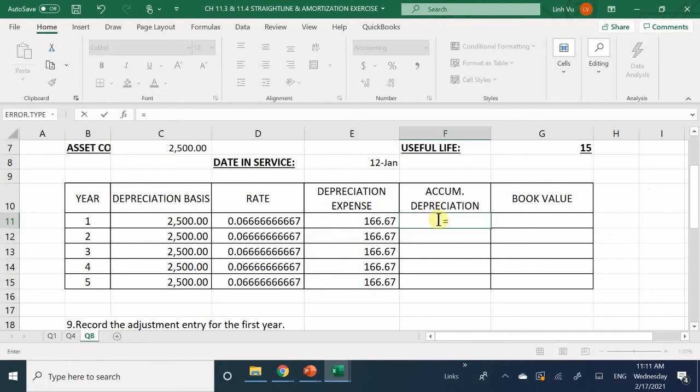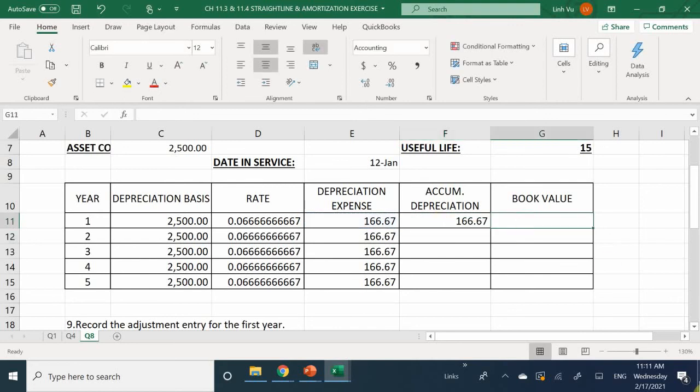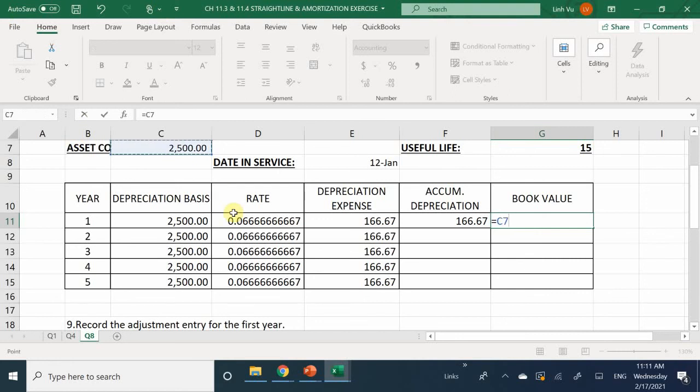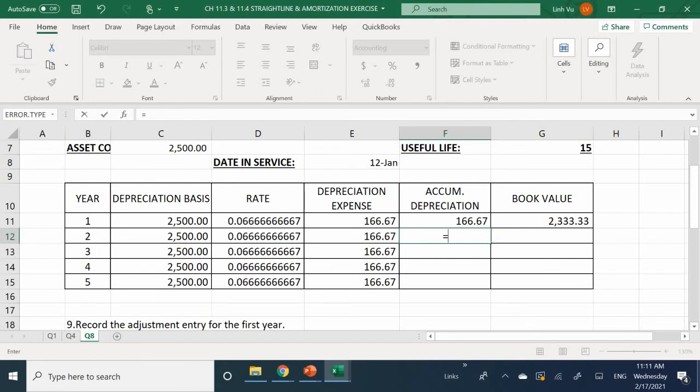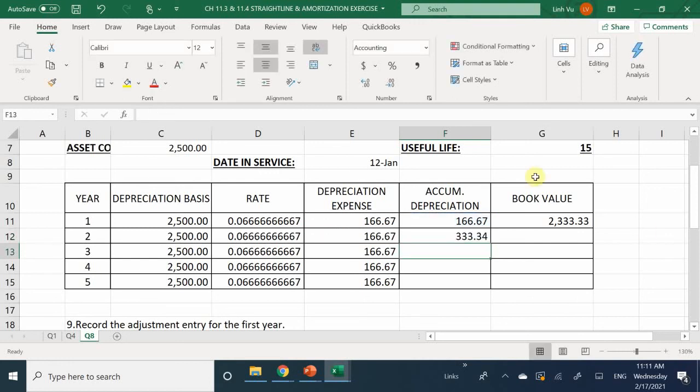So again, what is my accumulated amortization for the first year? Mm-hmm. So then what is my book value as of year 1? 2333.33. Yes, 2333.33. All right, so now let's go ahead and solve for the accumulated amortization for the second year. 333.34. Good.